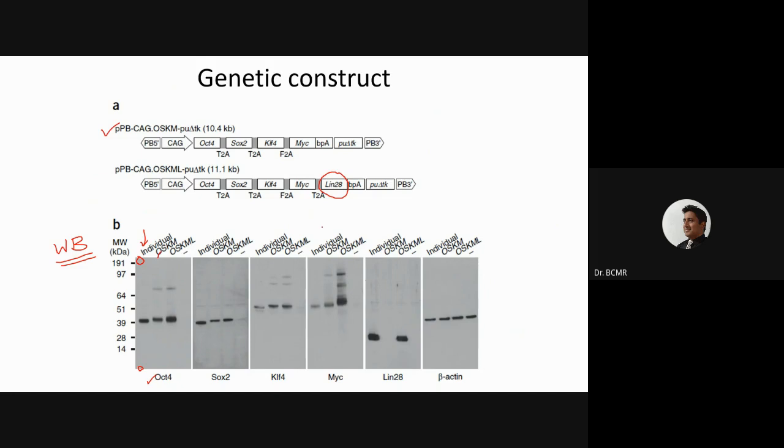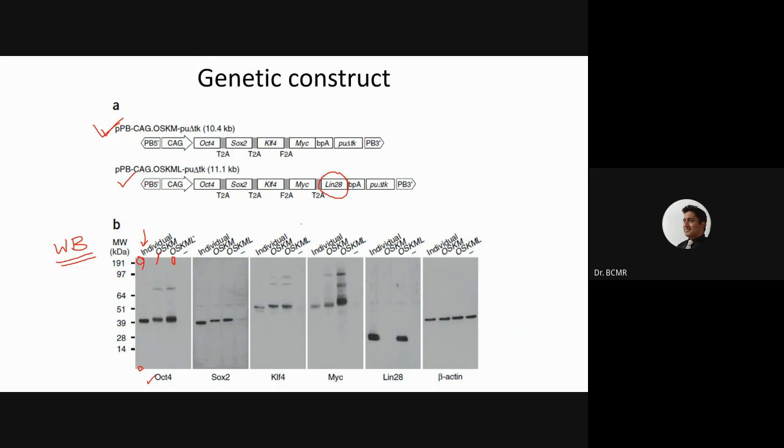So in the first Western blot here, in this lane, they have put in purified Oct4. Second one, Oct4 from the top, this one, OSKM. And the third one is from the bottom one. They want to see in which case the expression is better.